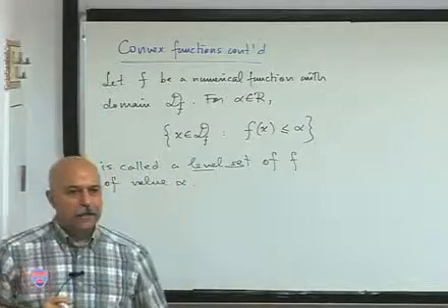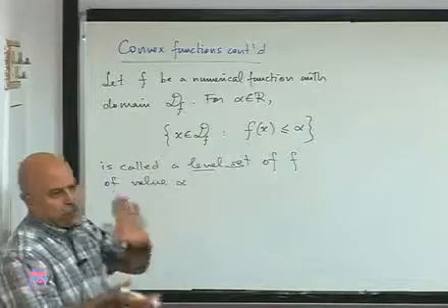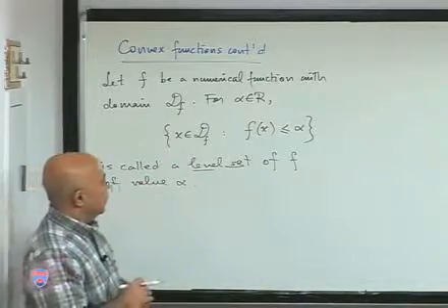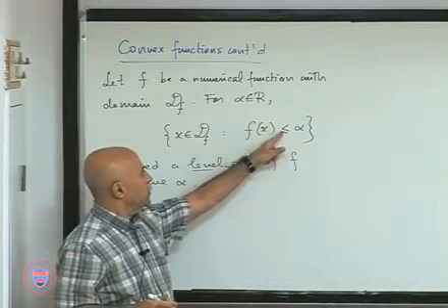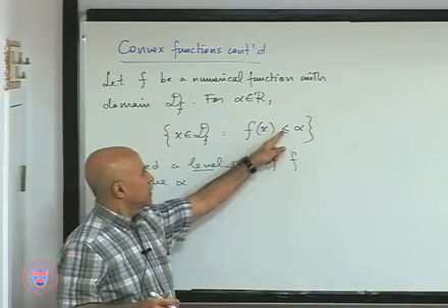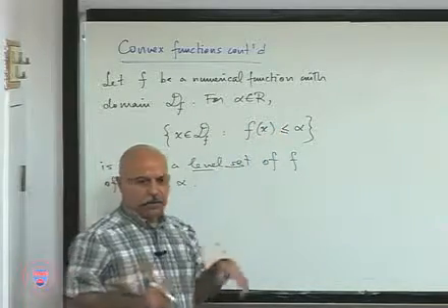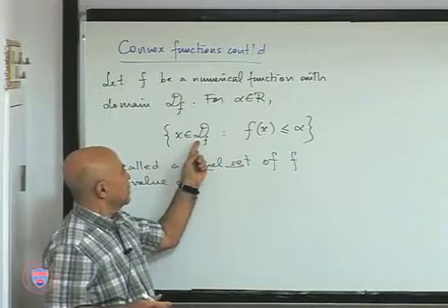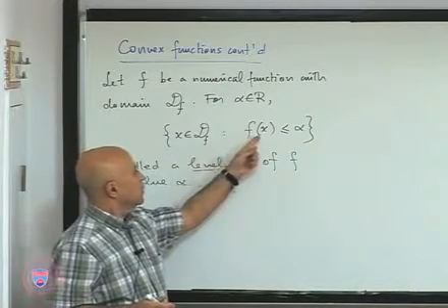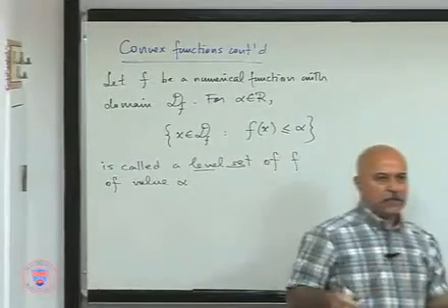Okay. Now I'm going to illustrate what it looks like by means of a simple picture. But let's first of all take the case of equality rather than inequality. If you look at the set of points x in the domain for which f of x is equal to alpha, a constant, what kind of a set is that?